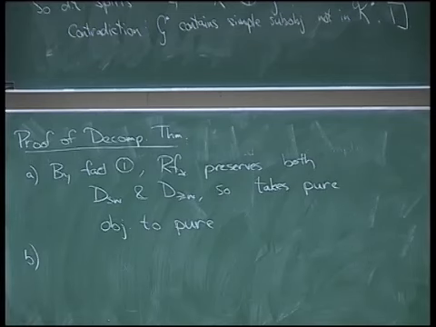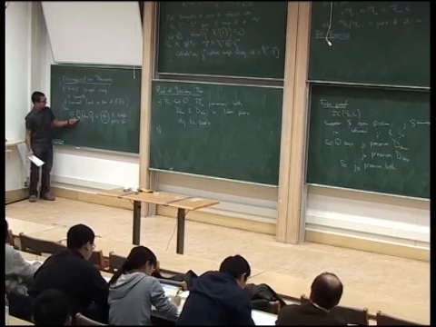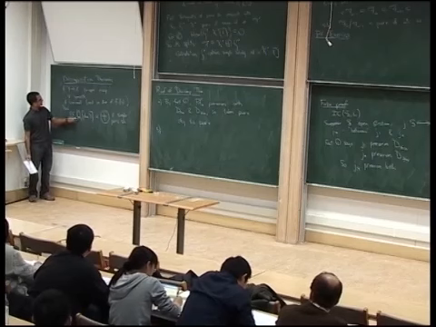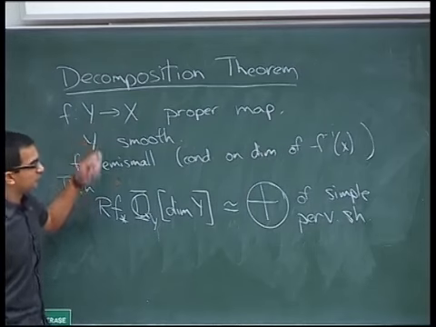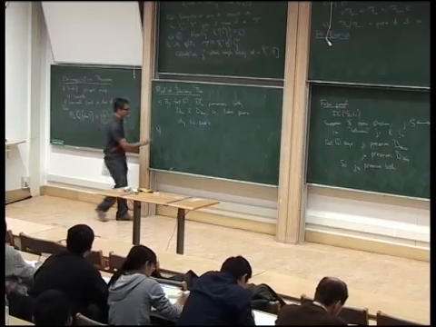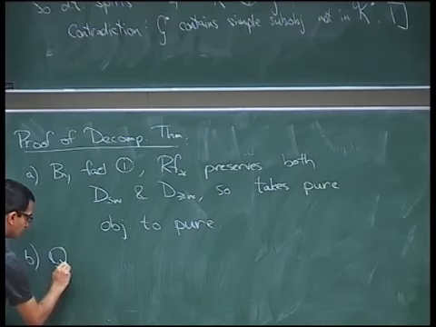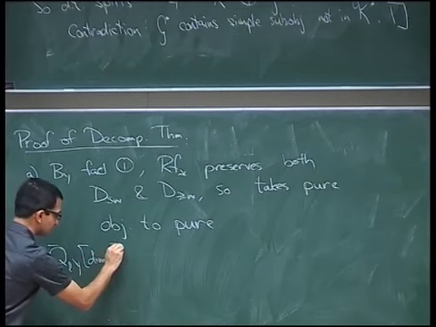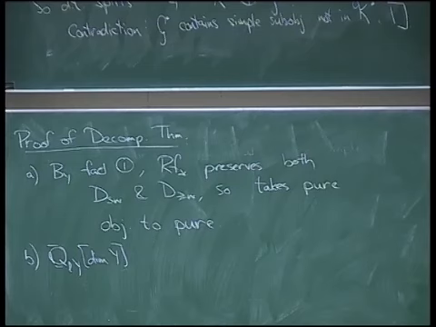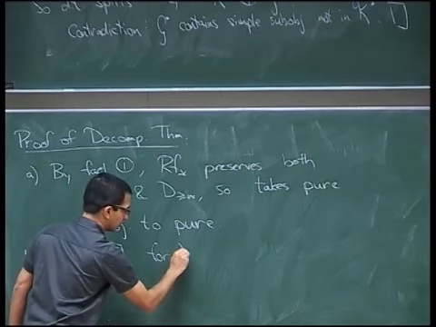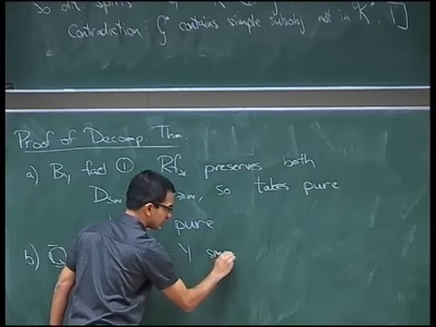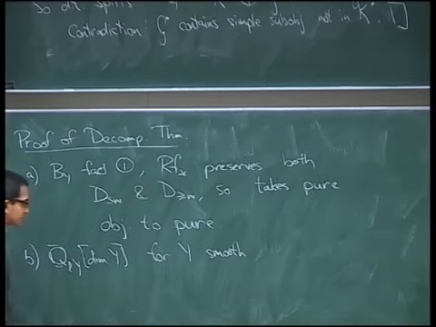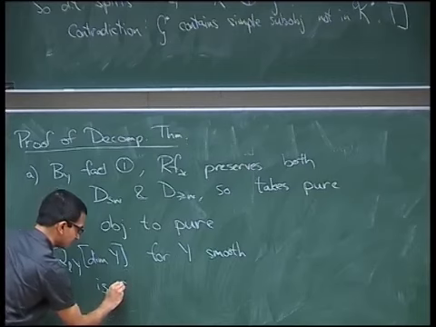The second observation is that the object we're pushing forward here is the constant sheaf on Y shifted down by the dimension of Y, so Q_ℓ-bar on Y shifted by the dimension of Y, for Y smooth, is a perverse sheaf.